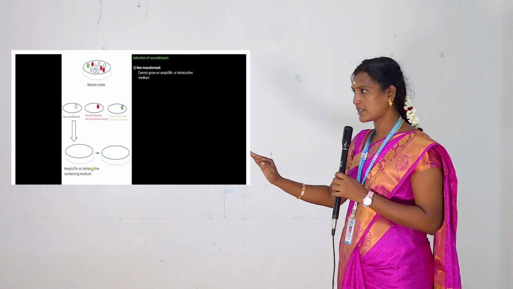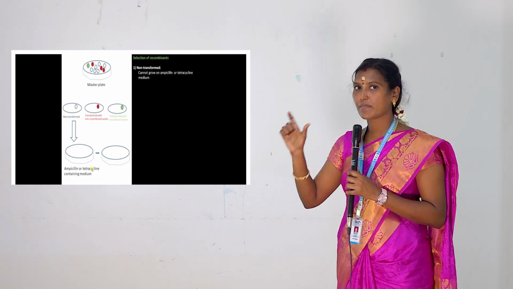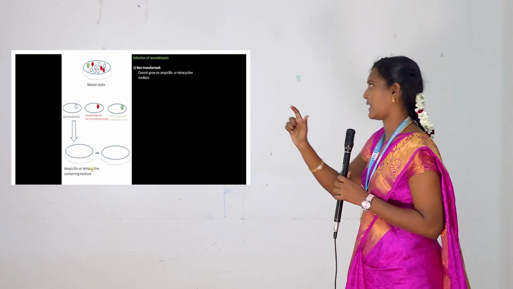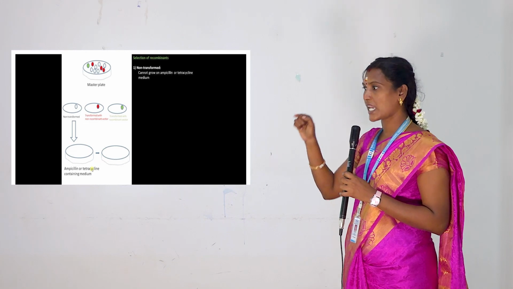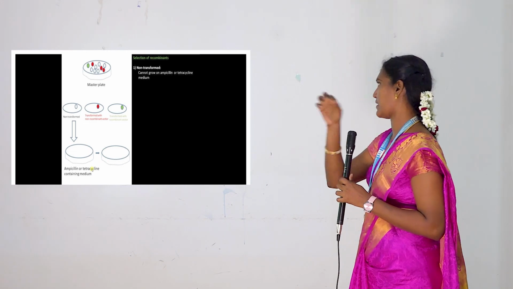Of these three, we want only transformed cells with recombinant vector, that is, the cells in which the vector contains our gene of interest.